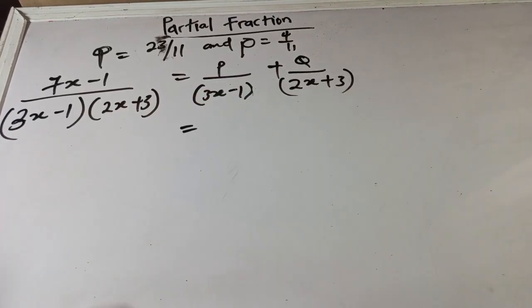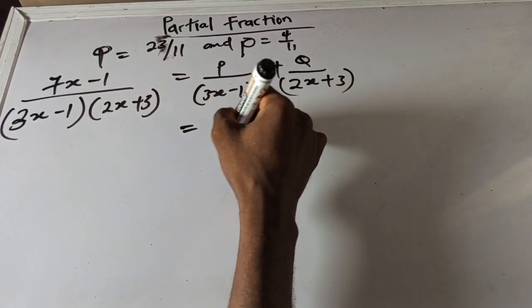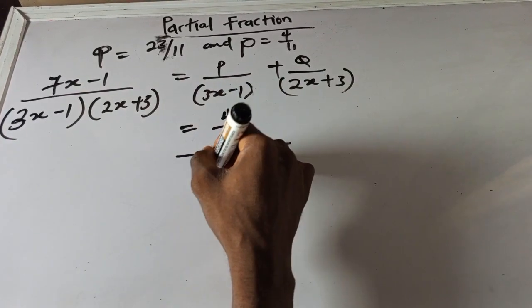So this is equals to, what's my value of p? 4 over 11 divided by 3x negative 1.